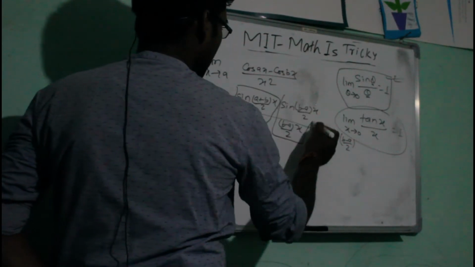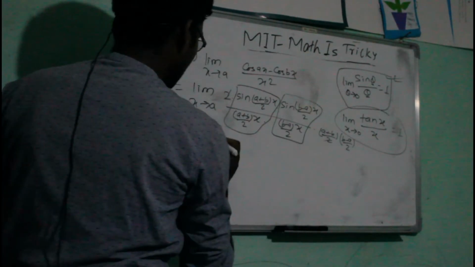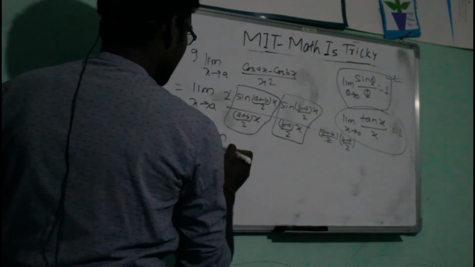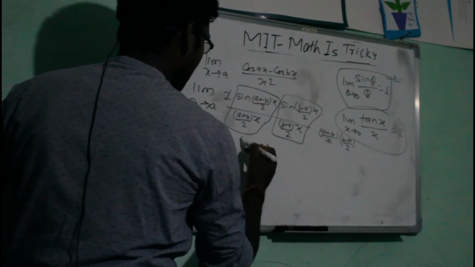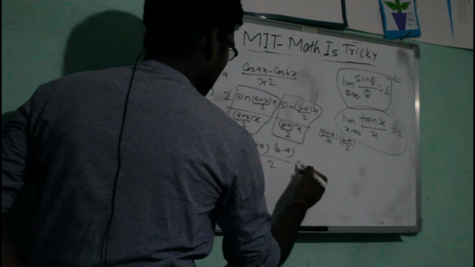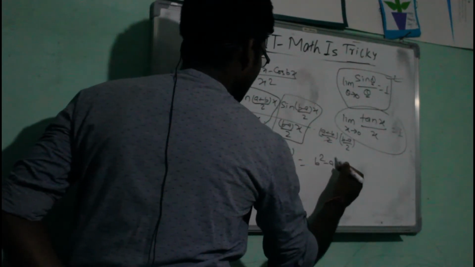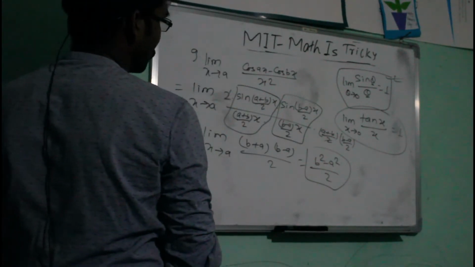This also gives 1. As the remaining, the 2 cancel, so the limit remaining is x tends to a. Now it is (b plus a) times (b minus a), so we can use the formula. This is b square minus a square by 2. This is your final answer.